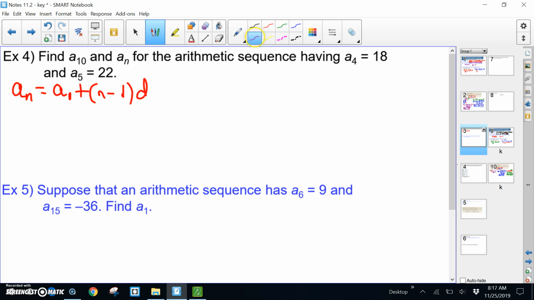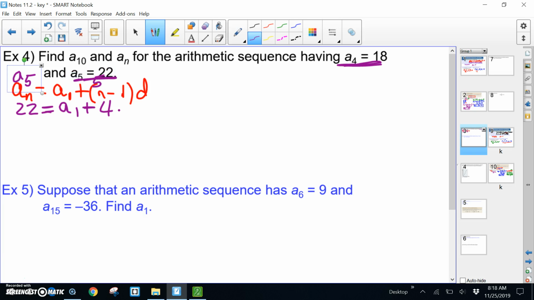Now, we know A5 is 22, so we can call this A5 here. That would mean n is 5. So A5 is 22, and we're trying to find A1. So now if n is 5, we'll have 5 minus 1 is 4 right there. And then D, do we know D? Well, we do because here's the fourth term, and then they give us the fifth term.